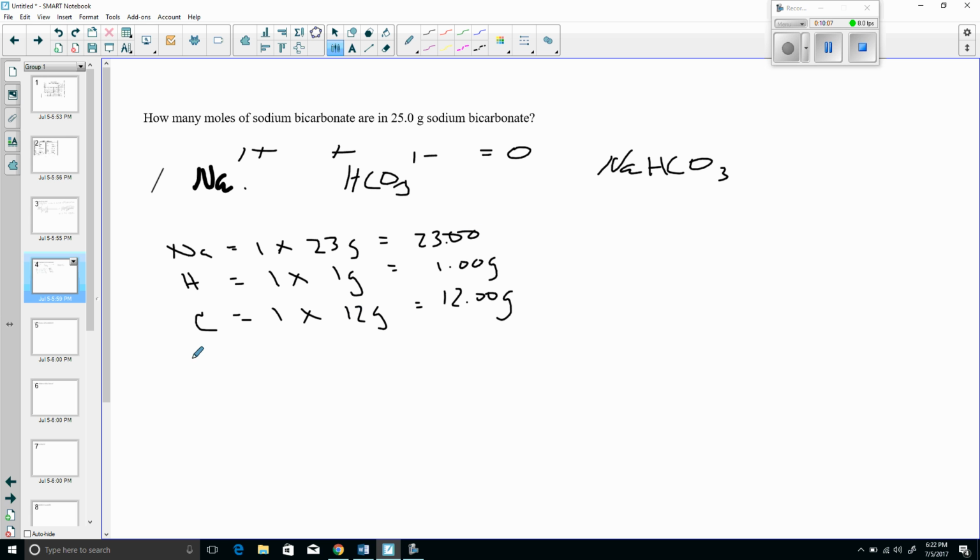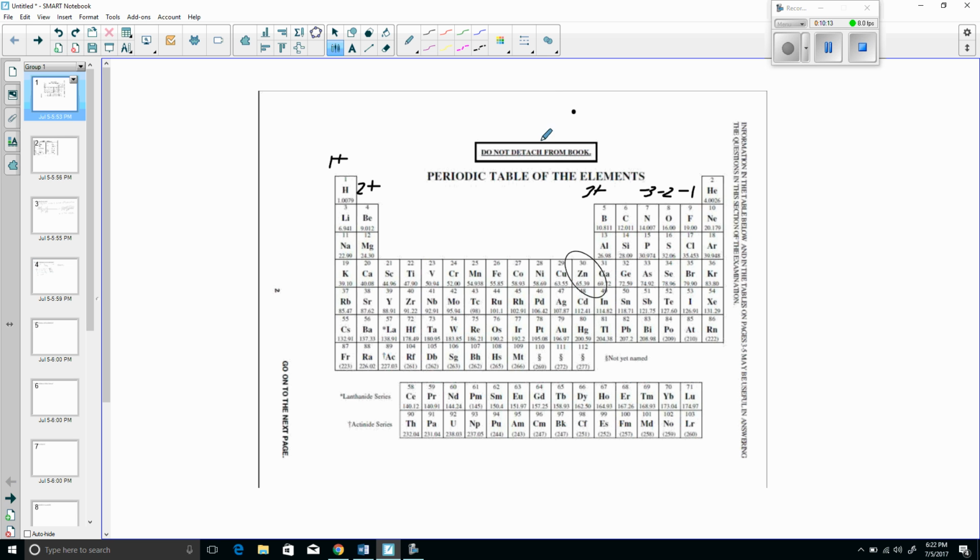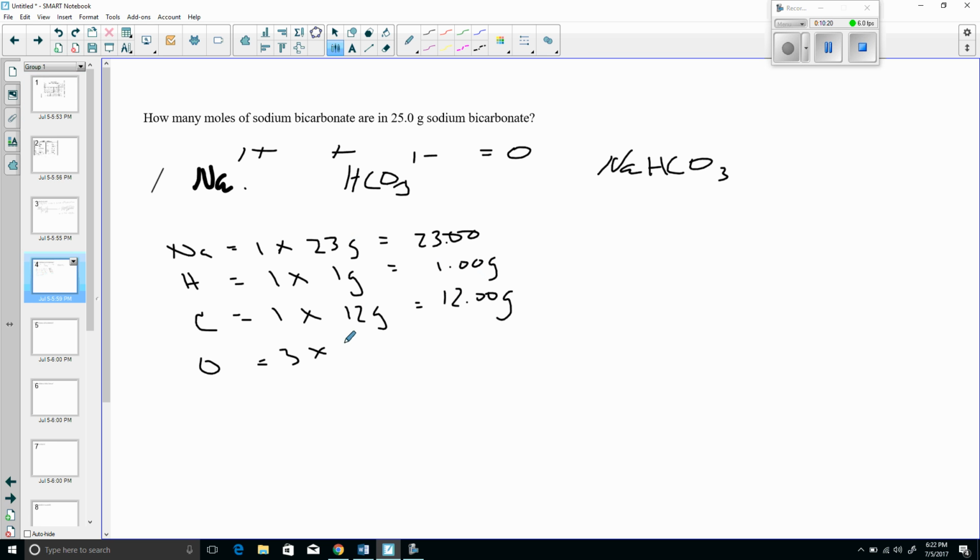And then you have oxygen, and you have 3 times, and the molar mass of oxygen is 16 or 15.99, whatever they want to say, but it says 16 on here because it's close enough to the right answer. So you write down 16, and 16 times 3 is about 48 grams.